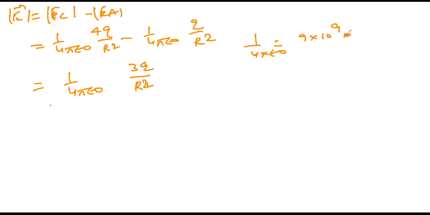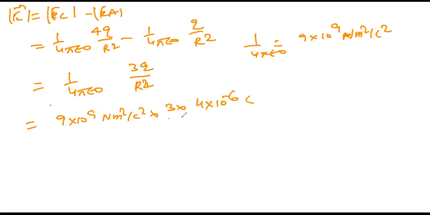So substitute this value: Newton meter square per coulomb square. So 9 into 10 to the power 9 Newton meter square per coulomb square into 3. What is the value of charge? 4 into 10 to the power minus 6, upon radius of that circle, which is 2 meters.